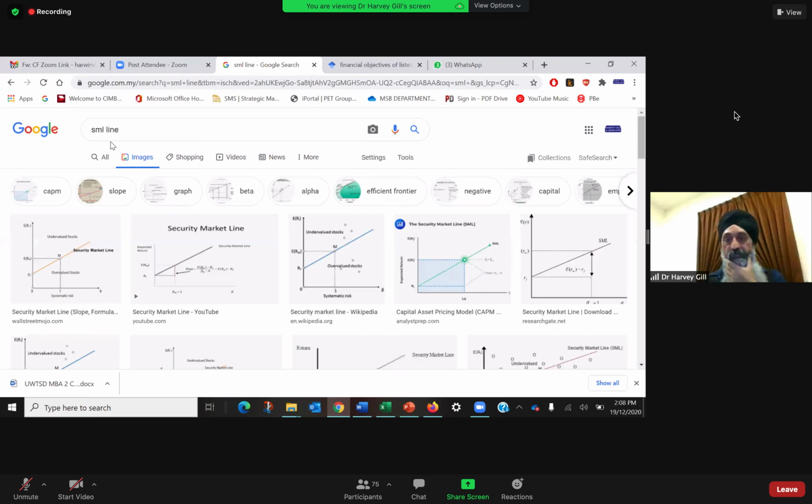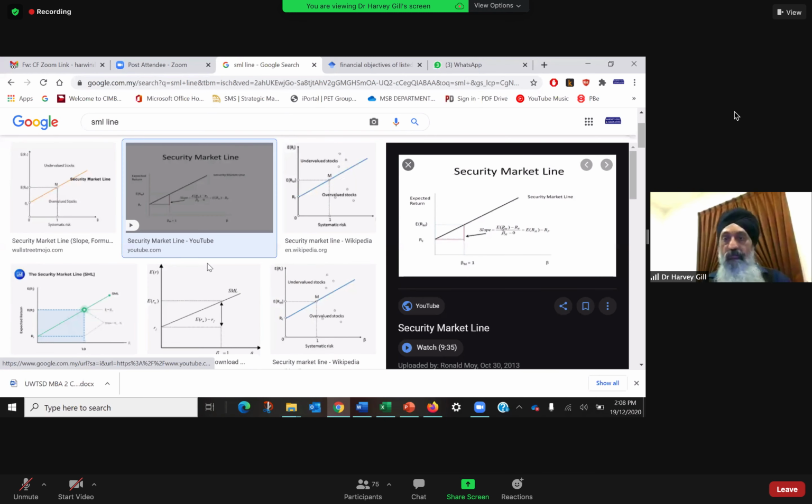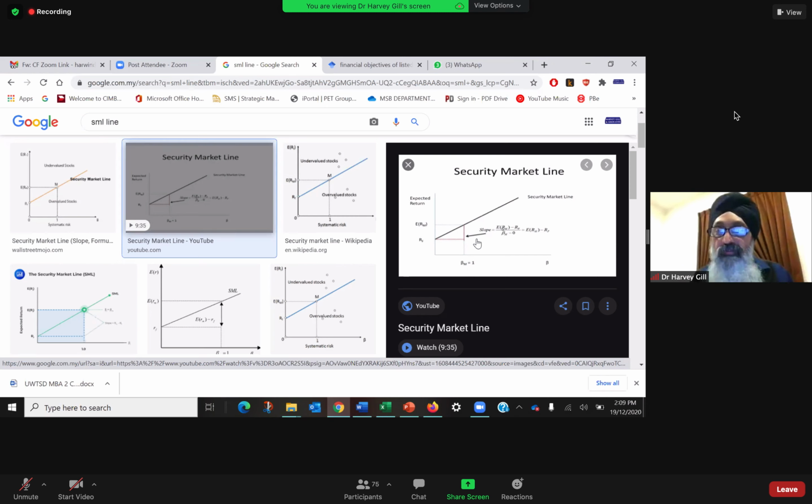Yep, that's good. Securities market line. Let's see what this says. Expected return, beta value, and the slope is based on that formula here.